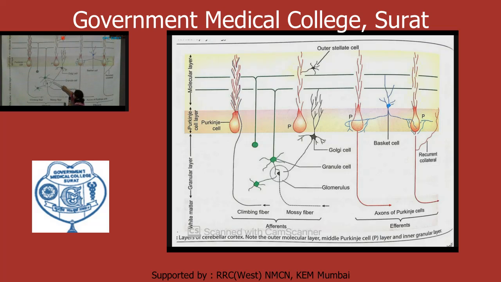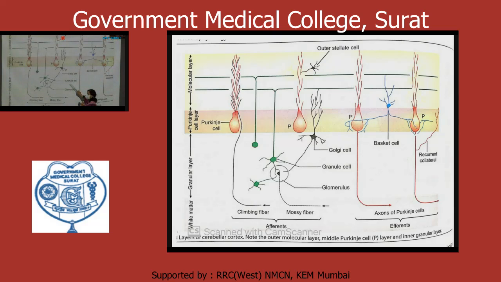These Golgi cells, in return, inhibit the granule cells, and they control the discharge of impulses from the granule cells. And that is why these Golgi cells, the inhibitory interneurons, are responsible for feedback inhibition of granule cells.